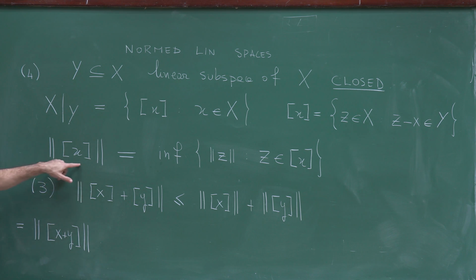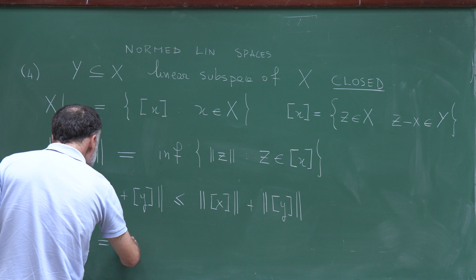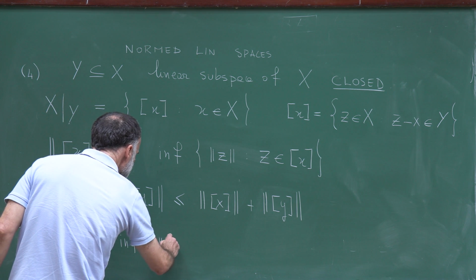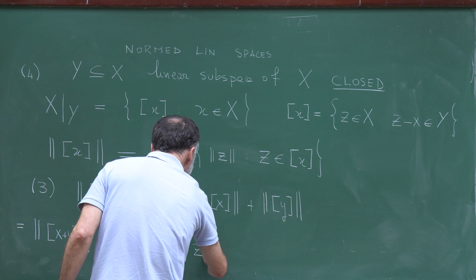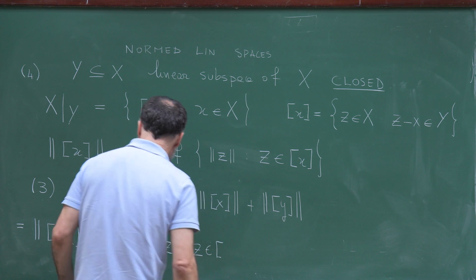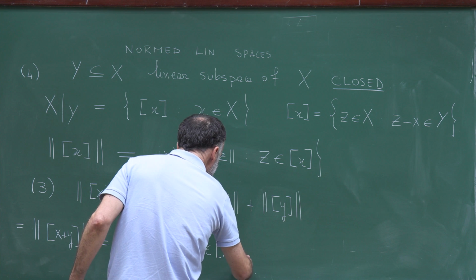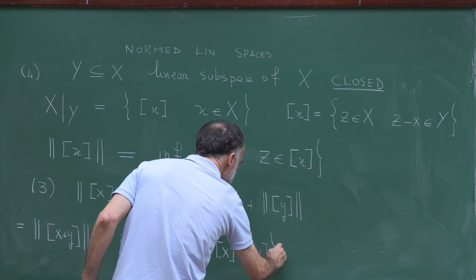Now, by definition, the norm of the equivalence class of x plus y is given by that infimum. So this is the infimum over all norms of z, such that z belongs to the equivalence class of x plus y, which is the equivalence class of x plus the equivalence class of y.